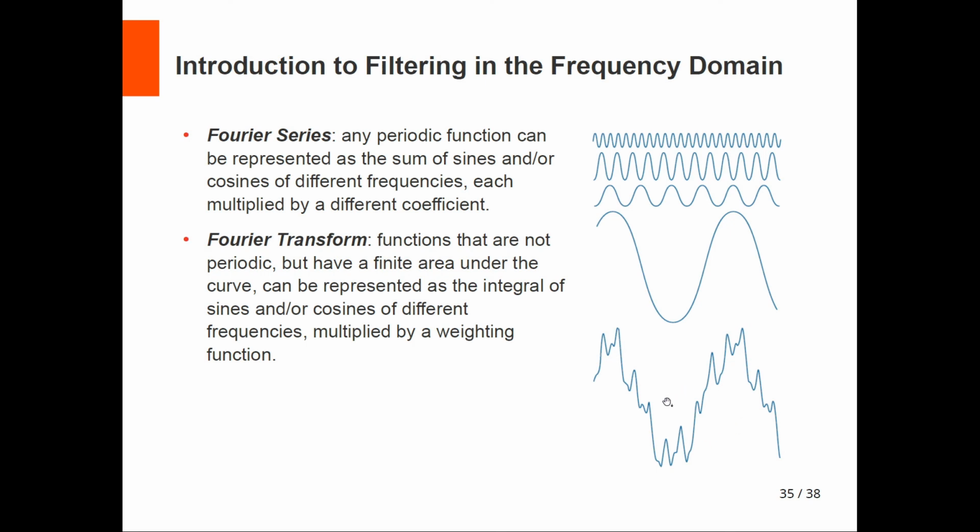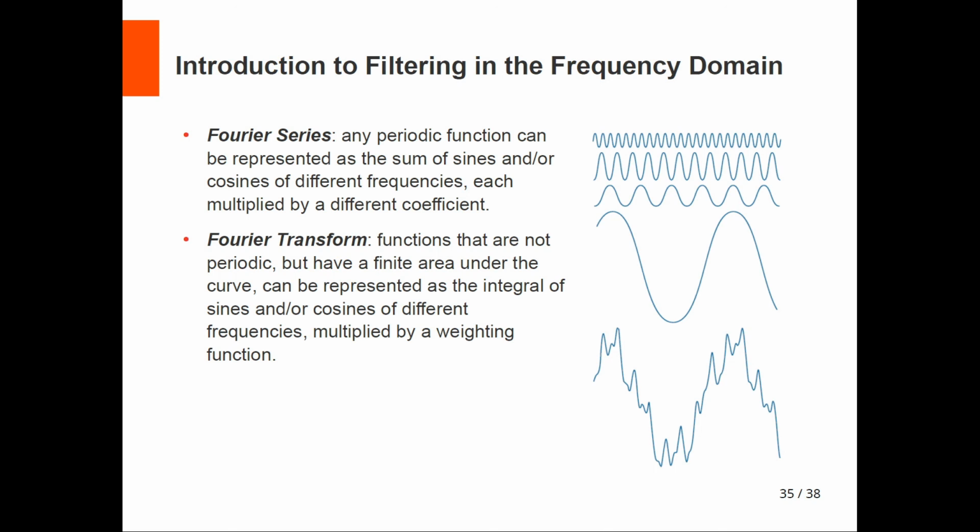But if I use the Fourier series transform, I notice that this function can be created by a combination of these four sine and cosine functions that we have here. And this is the topic that will be covered in much more detail in chapter 4.